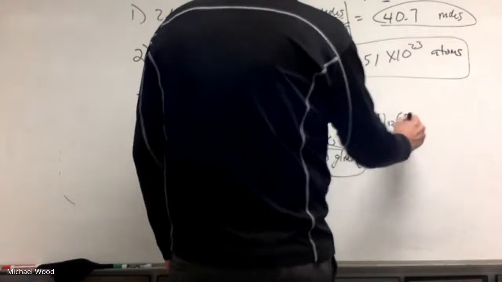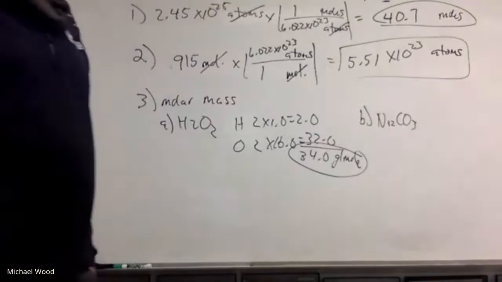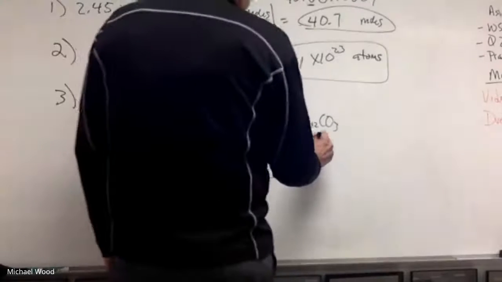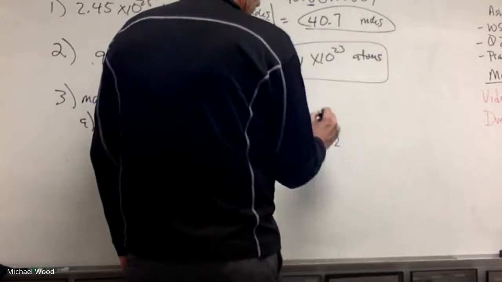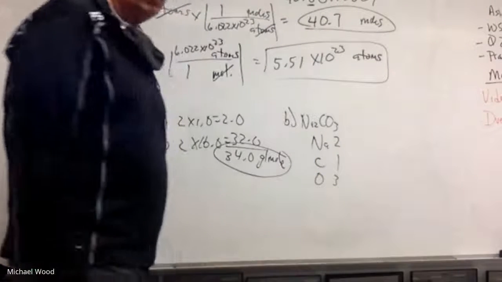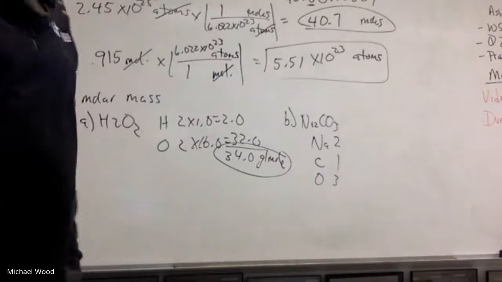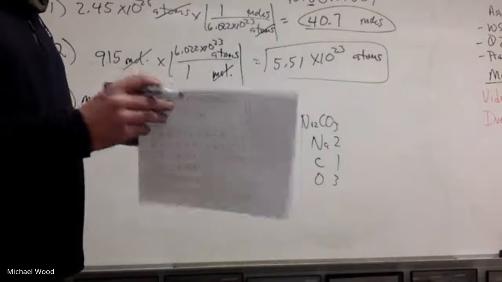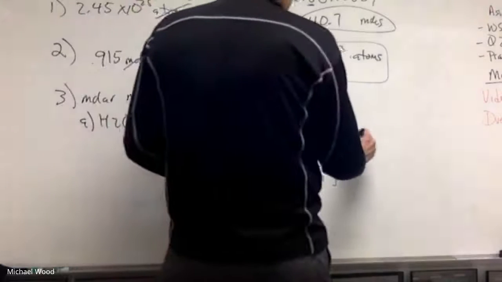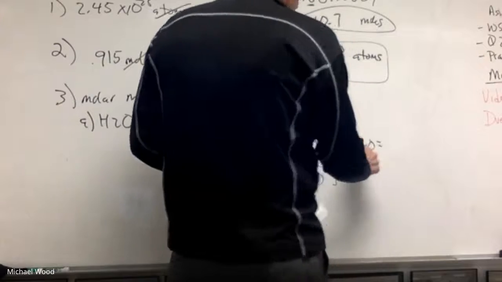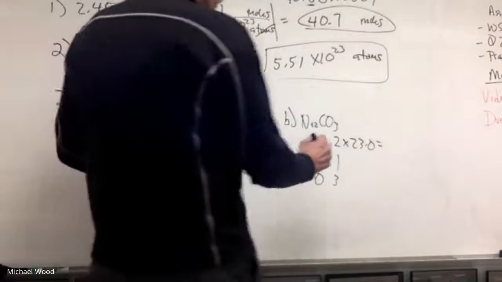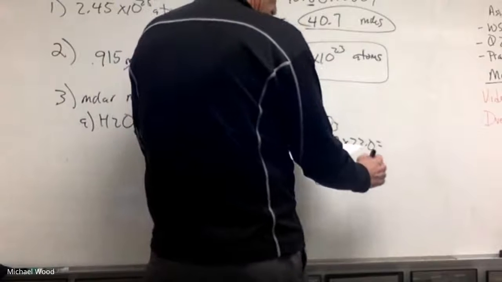And then letter B, Na2CO3. Again, we're doing the same thing. We're finding the molar mass. This is sodium carbonate. So I've got 2 sodiums, 1 carbon, 3 oxygens. I could have asked you before I started the problem, can you name this? And hopefully you can. Then I look up the mass. The mass of sodium is 23.0. That is right here on the periodic table for sodium. Carbon is 12.0.